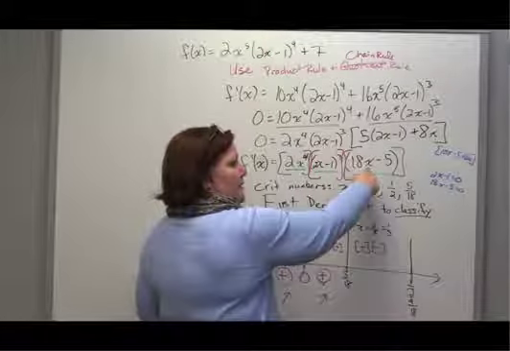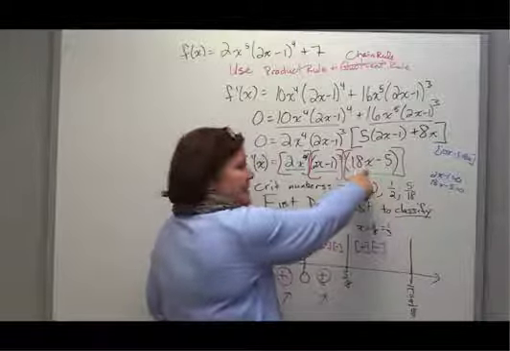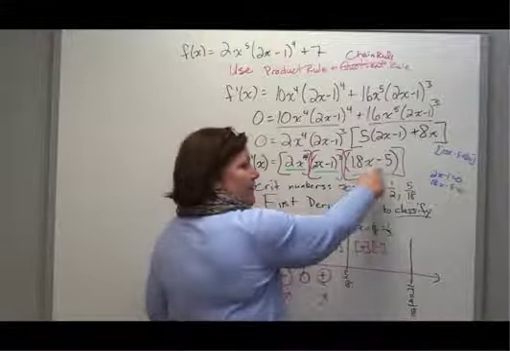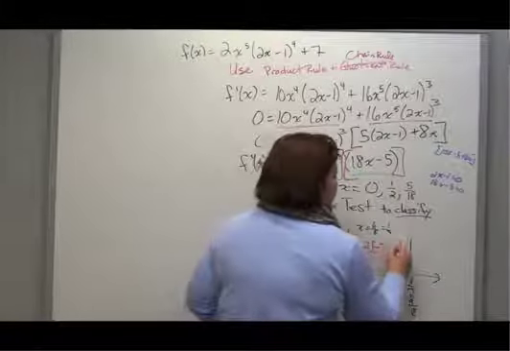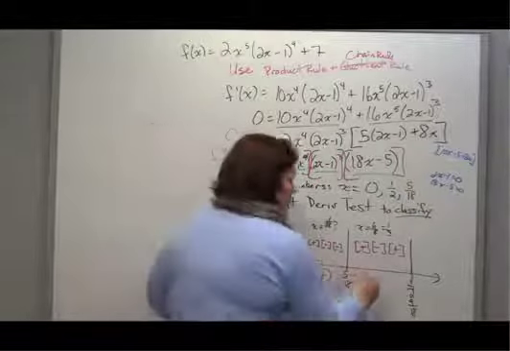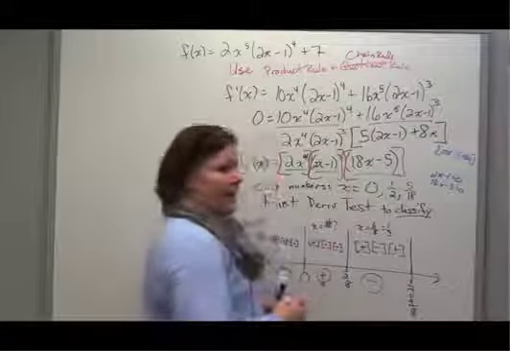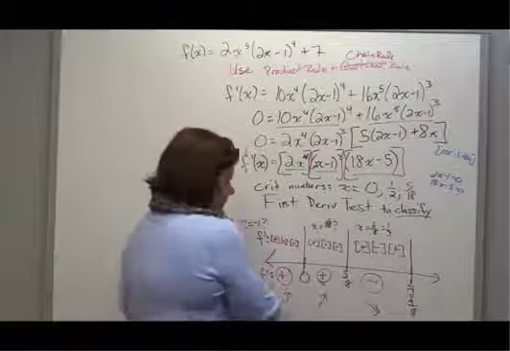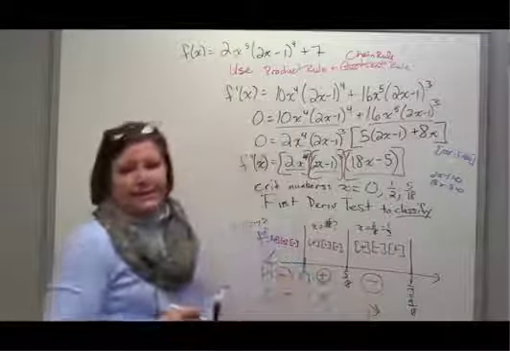And now when we see 6/18, the 18ths cancel. We'd have 6 minus 5, all of a sudden that changed to positive, making the whole thing negative for f prime, making f decreasing.